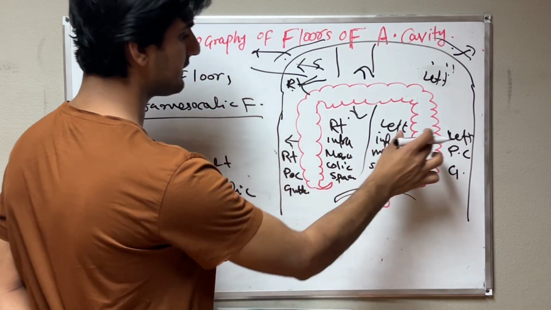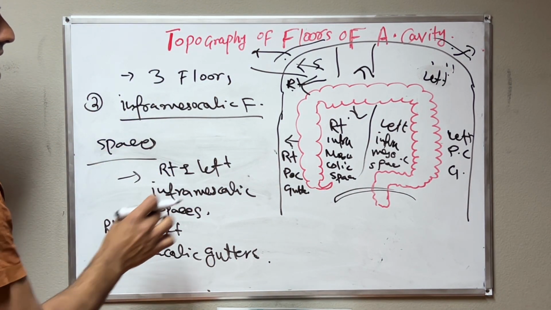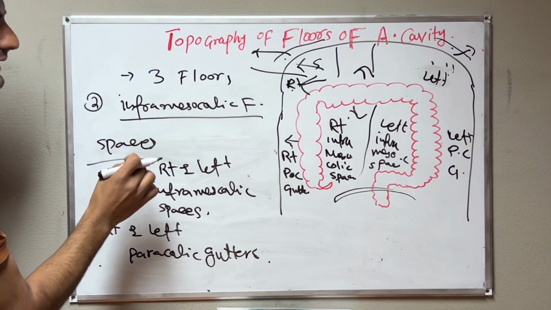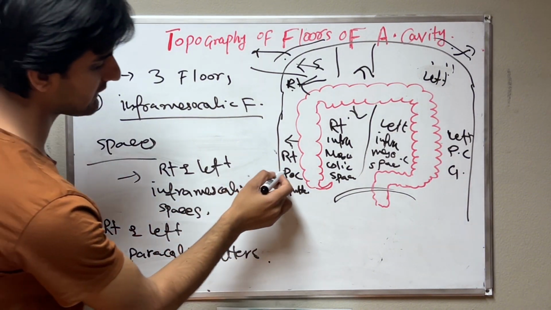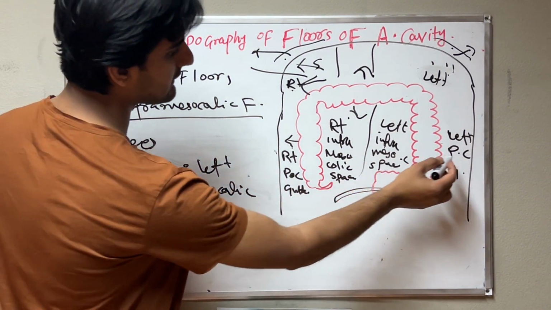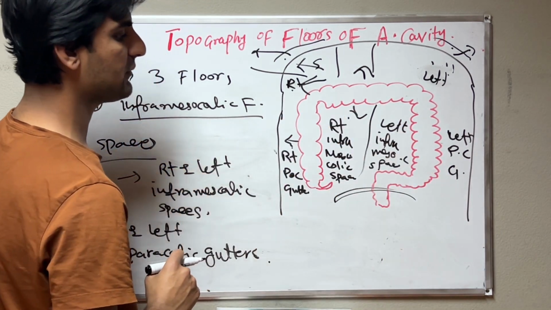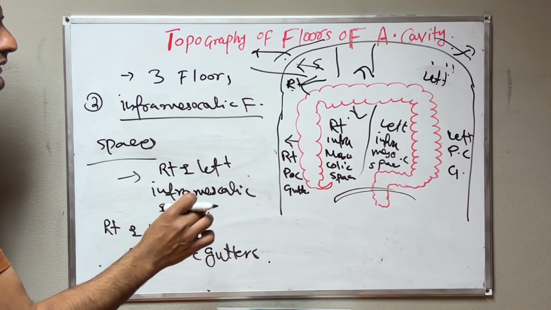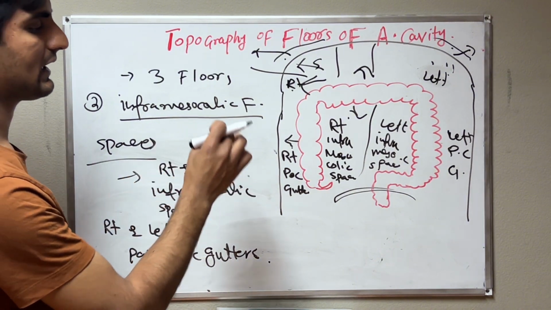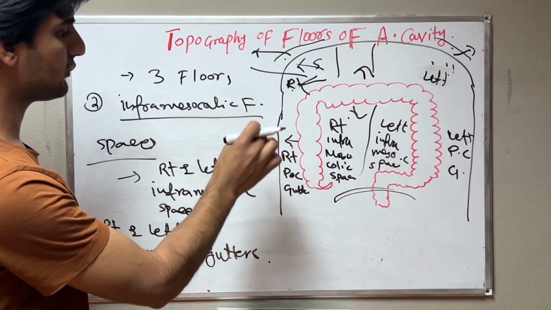These are the 2 gutters and 2 spaces in the inframesocolic floor. This is the right paracolic gutter, this is the left paracolic gutter, here the right inframesocolic space, and here the left inframesocolic space. These are present in the inframesocolic floor.